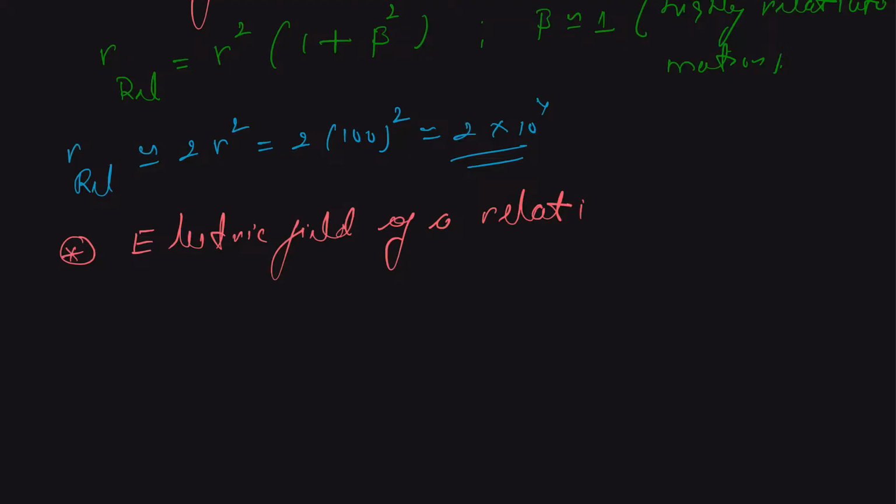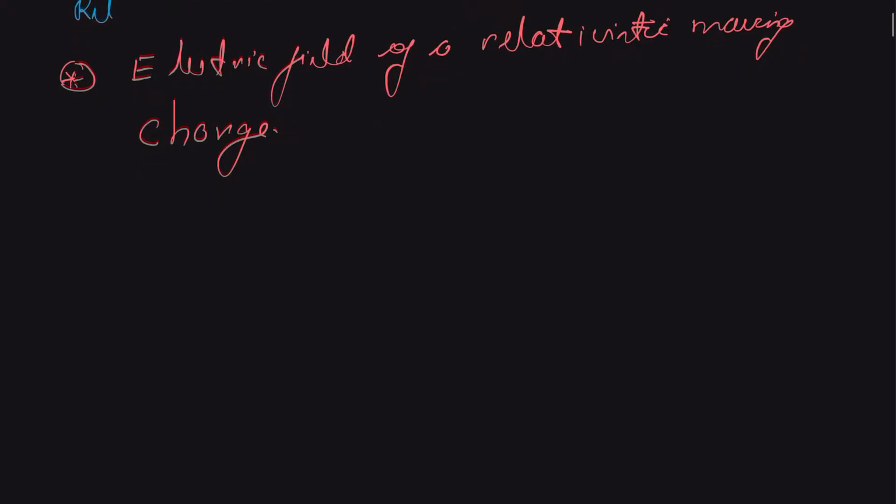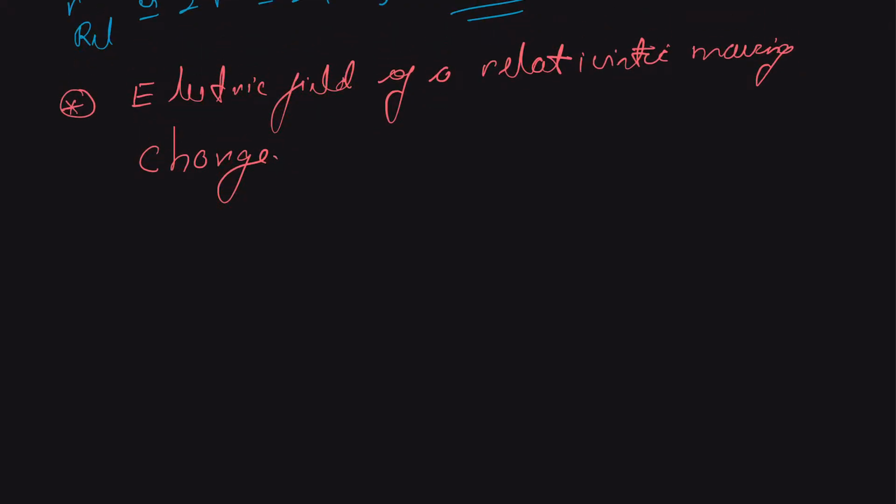So in case of this relativistic motion for a moving charge, our transverse electric field is enhanced. It means the perpendicular component of the field will be an enhanced version of the original electric field.